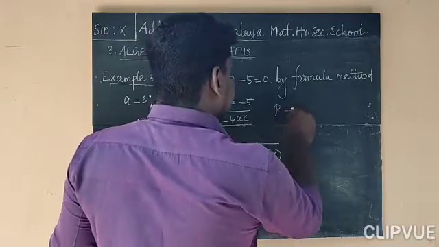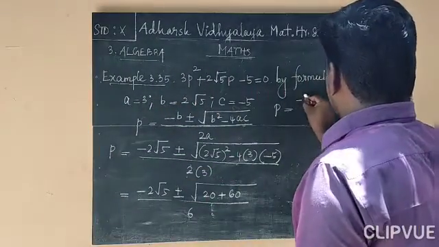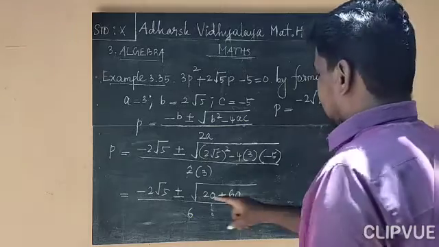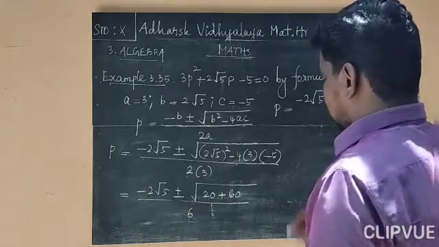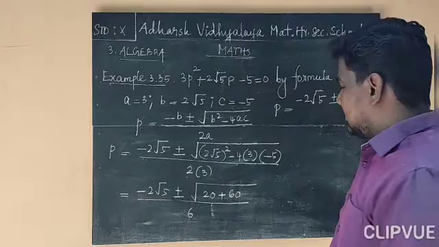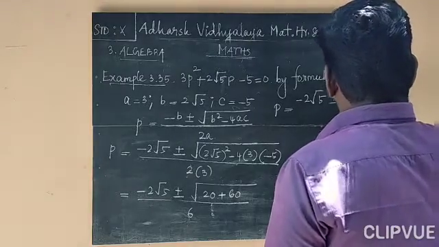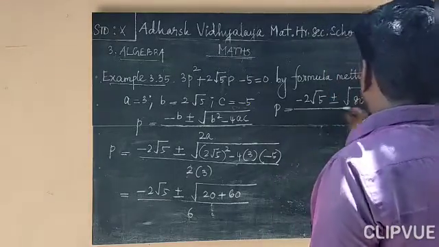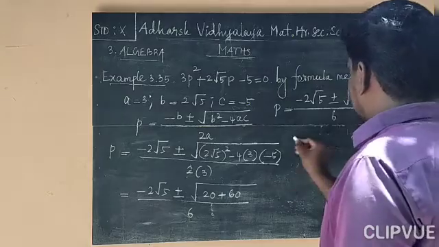So p is equal to minus 2 root 5 plus or minus, here 20 plus 60 is 80, square root of 80 divided by 6.